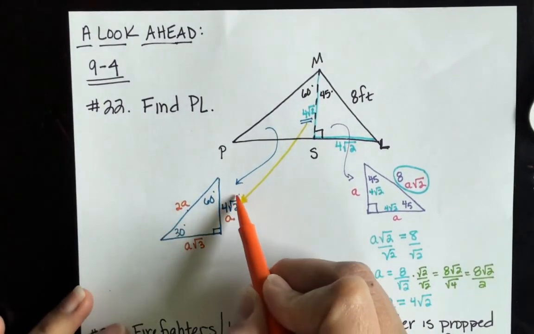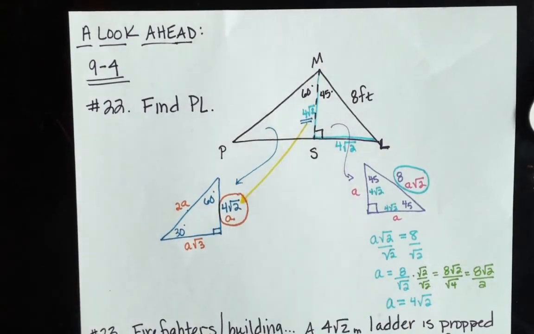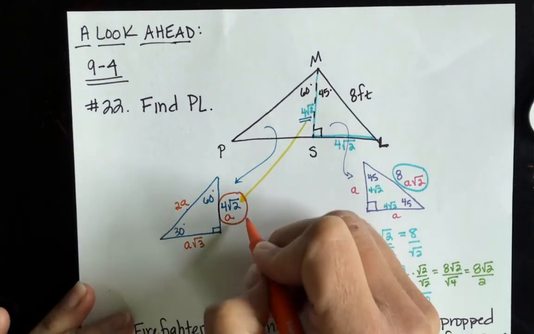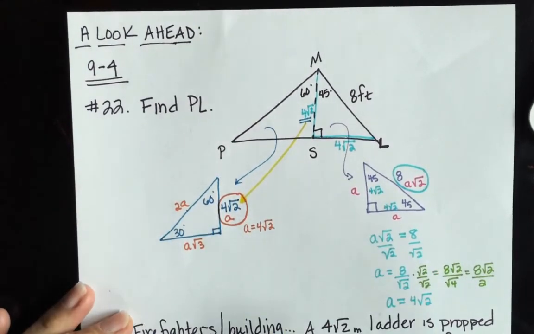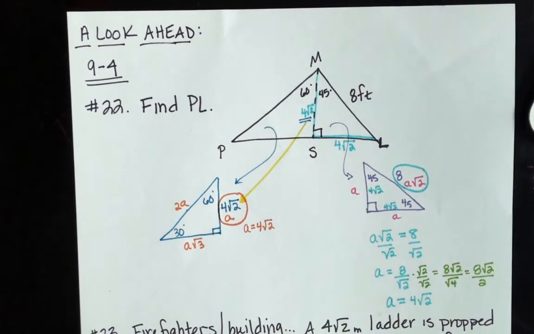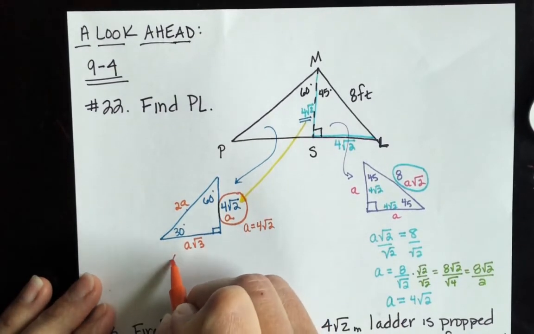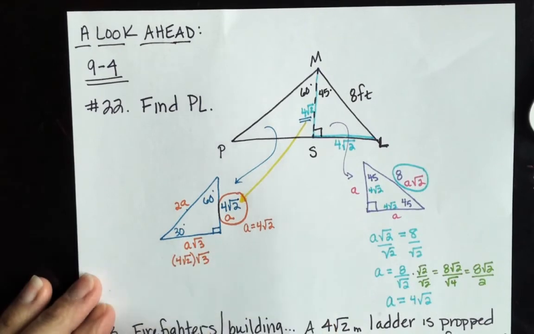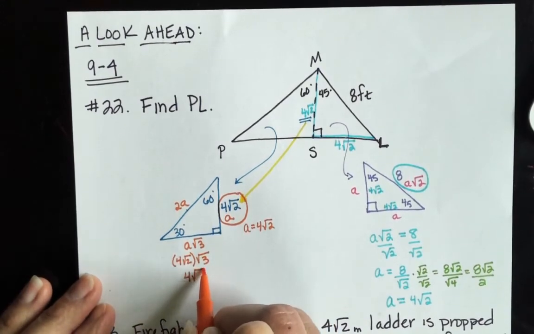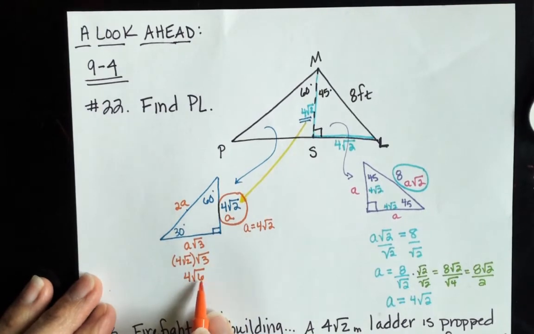Well, what's nice about this is the side that has the formula and the value we set equal to each other. So we just found out A was 4 radical 2. Well, it's kind of what we said over here, but just to remind us how to do it, which means everywhere I see A, I'm going to plug in 4 radical 2, which makes this 4 radical 6, because those were like terms. 2 times 3 is 6.